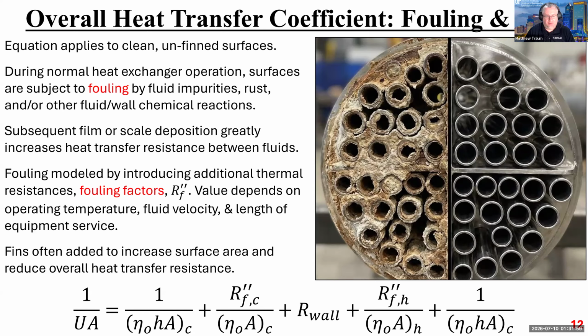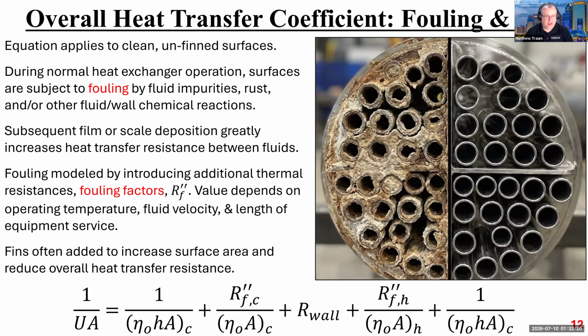The value of this new resistance that you're going to add into your heat transfer model really depends on operating temperature, fluid velocity, length of service of the equipment, all kinds of factors that you don't really have any control over, and a lot of times aren't even mentioned in the book.